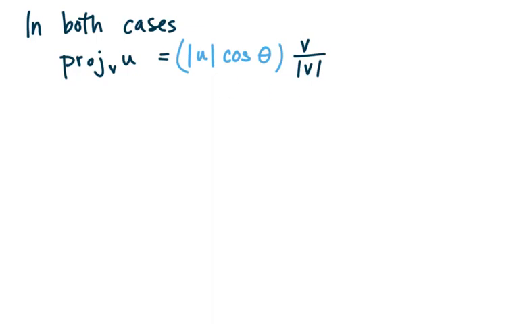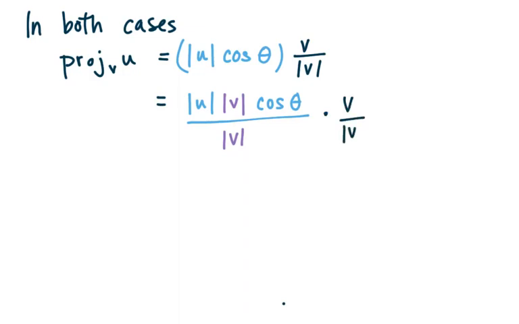So let's think about developing our formula for the projection. I'm going to get a little tricky. I'm going to say the magnitude of u, and I'm going to throw in here, times the magnitude of v times the cosine of theta over the magnitude of v. And that's legal for me to do because I just multiplied by 1.